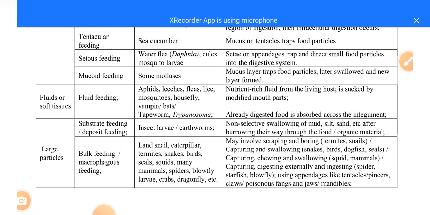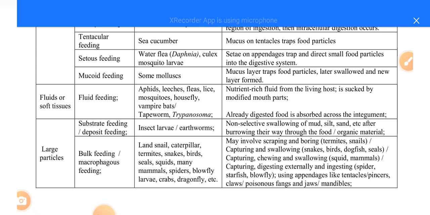Then from there we have lastly the bulk feeding, the macrophagous feeding. Here we have the land snail, the caterpillars, termites, snakes, birds, seals, squids, many mammals, the spiders, blowfly larvae, the crabs, and the dragonfly.